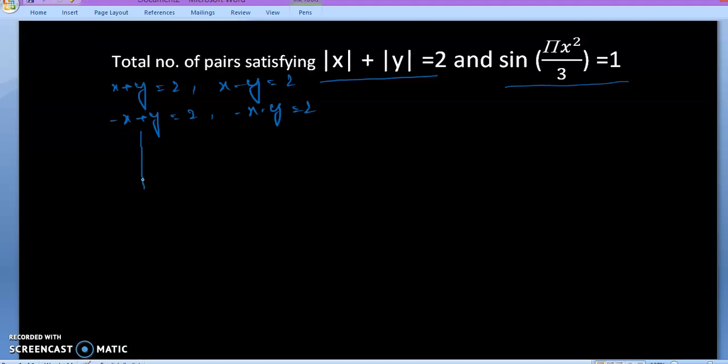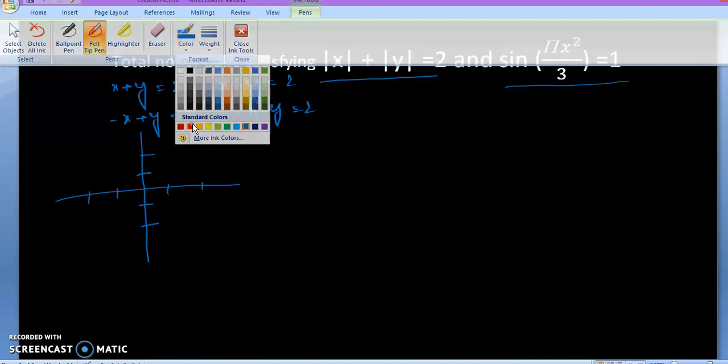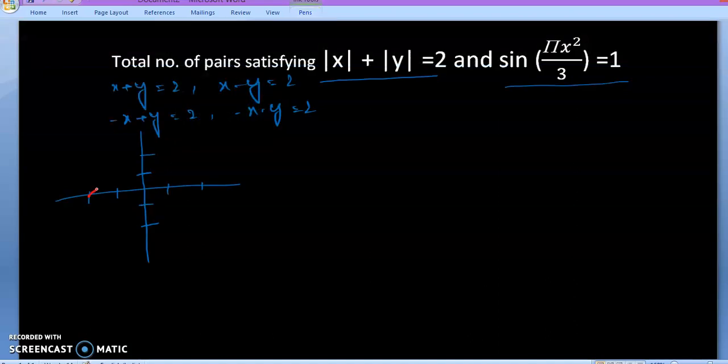Now if you draw this on a number line, suppose 1, 2, 1, 2 and 1, 2, 1, 2, then the graph will look like this. The second thing, if you look at the term mod x, it is always greater than or equal to 0, and mod y is also greater than or equal to 0.